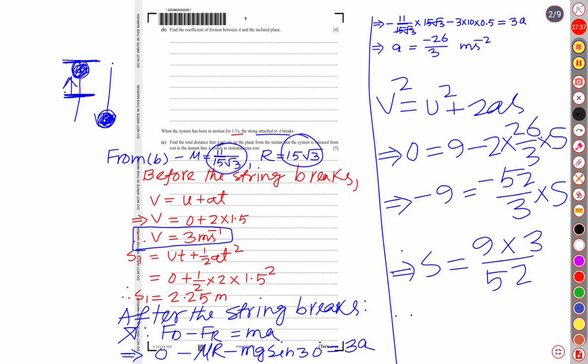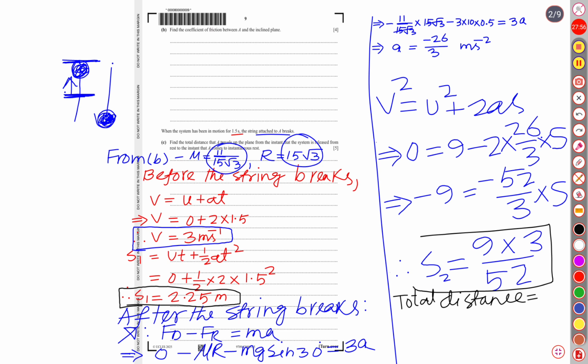Let us write the total distance. For total distance, we have already seen that before the string breaks, the particle moved 2.25 meters, and after the string breaks, it traveled 27 over 52 meters. So the total distance is going to be 2.25 plus 27 over 52 meters.